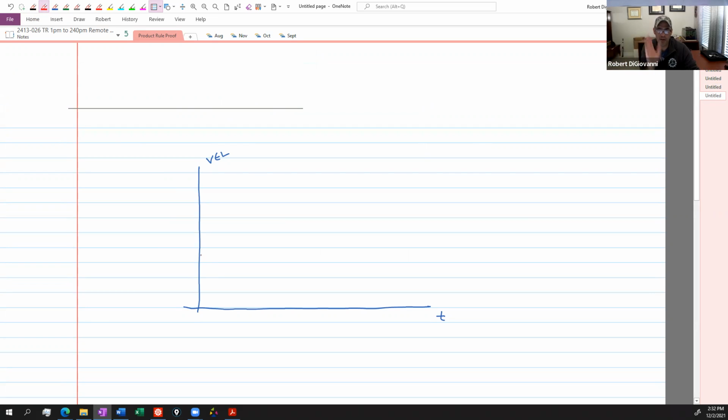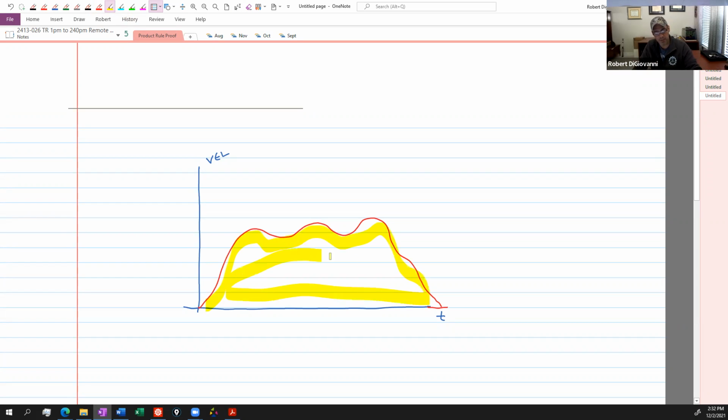You start a drive and you're keeping track of your speedometer. It does this and does that, and then you come to a stop. Your velocity at the beginning was 0, you sped up, slowed down, sped up, slowed down, and then you get to the end. What do you think the area of all of this would be?